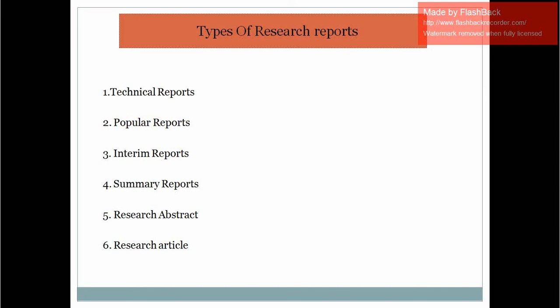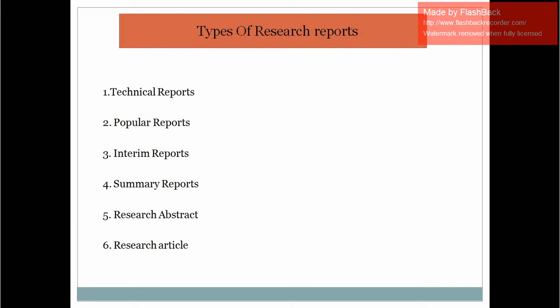When I say article, we have various varieties of articles. It can be a conceptual article, an empirical paper, a descriptive paper, or many other types of articles, where the researcher writes the article.